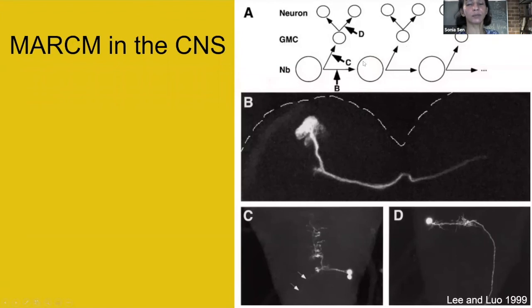No, it's not possible with these two, but what is possible is this and this dividing at the same time. Remember these two are progeny of the same cell division.